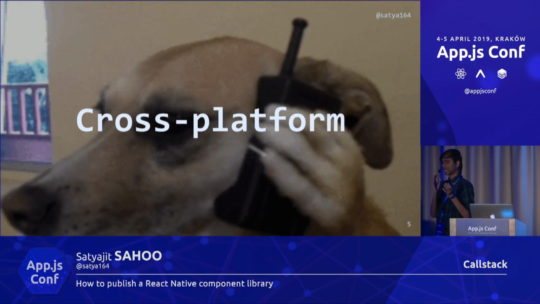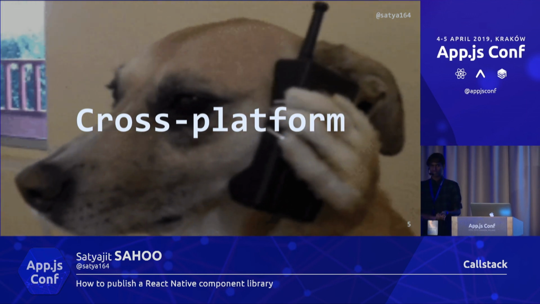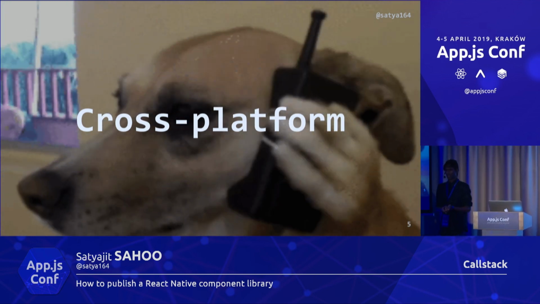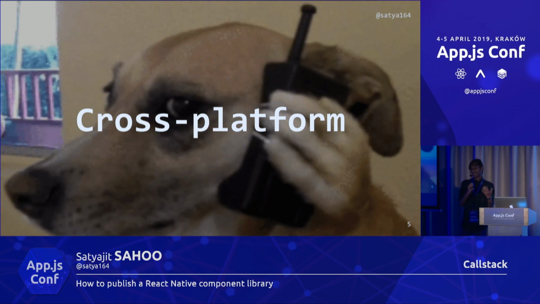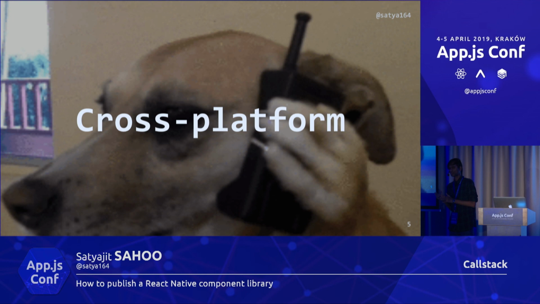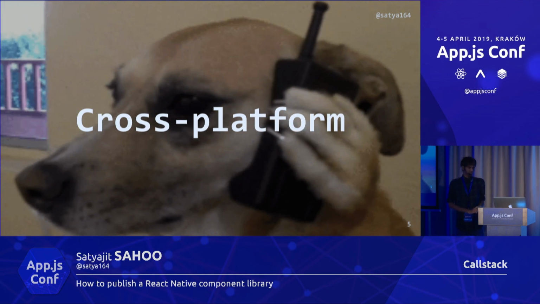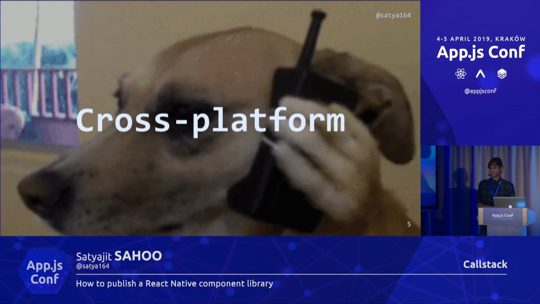Like on Android and iOS, there are differences between the design. But there are also differences between the APIs and what kind of features they support. So when we are writing that code, we have to handle it manually. We have to have workarounds or platform-specific conditions. So I will cover some of the differences in the next slides.